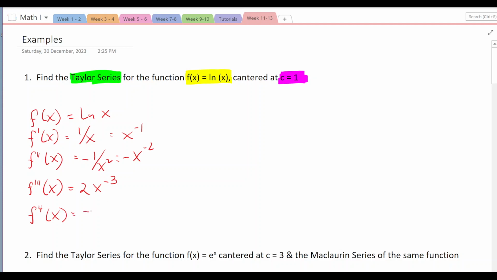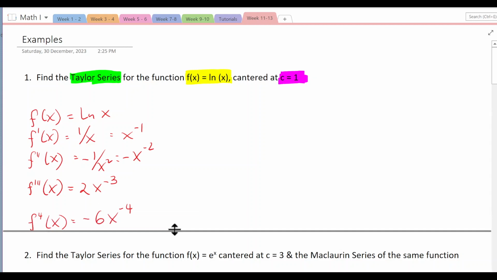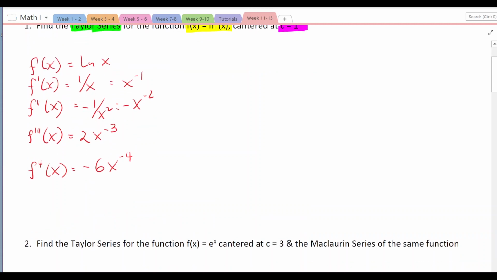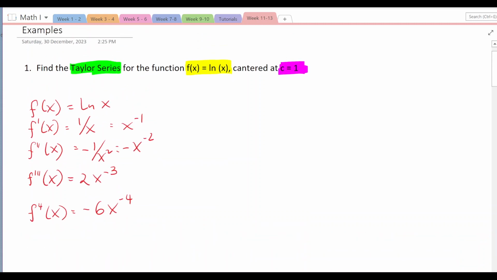So it becomes negative 6 x to the negative 4. Let's just leave it like that for the moment. Leave it until 4, which should be enough to write down the power series expansion.